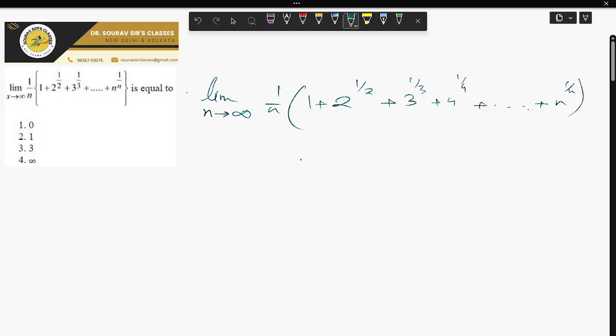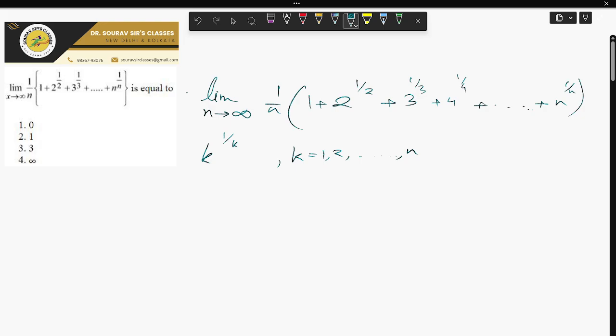So this is the limit of the average of the sequence k raised to the power 1 divided by k, for k equals 1, 2 up to n. To evaluate this limit, we analyze the behavior of k to the power 1 by k as k tends to infinity.